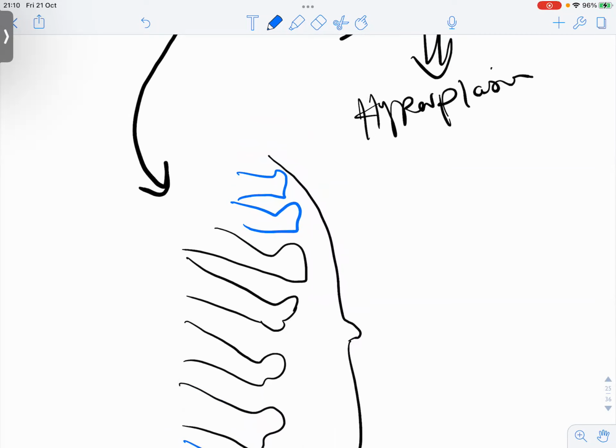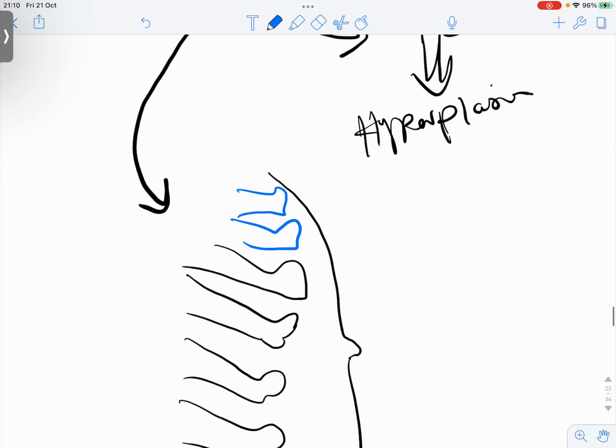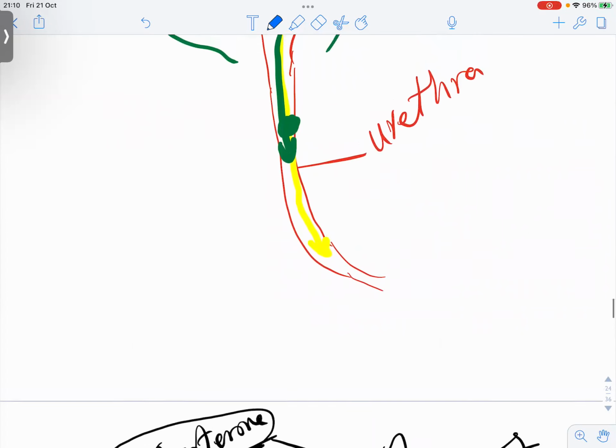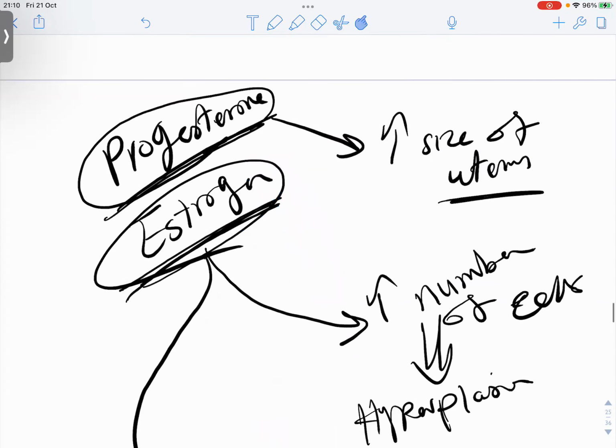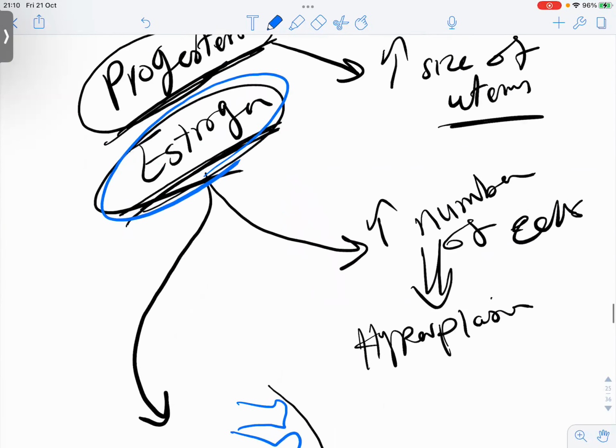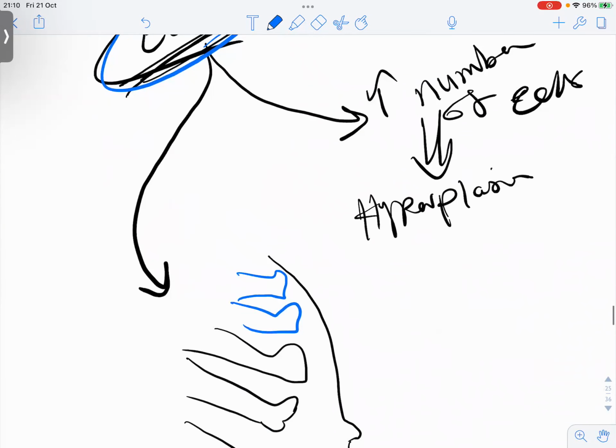And we will talk about pathological. We will say that estrogen within limits, in normal range, can cause hyperplasia normally in uterus and breast.